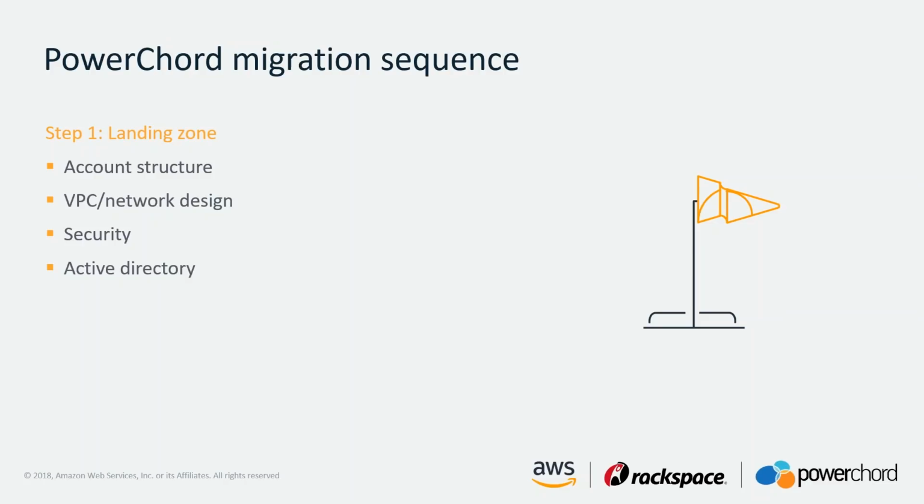Do we want to have a VPC per account, or do you want to have an account with all of your VPCs? You might do that to segregate access, say, to limit developers to one development VPC. We can help you identify that account structure, and we did that with PowerChord in this case.